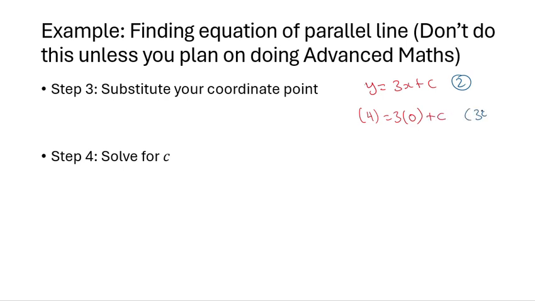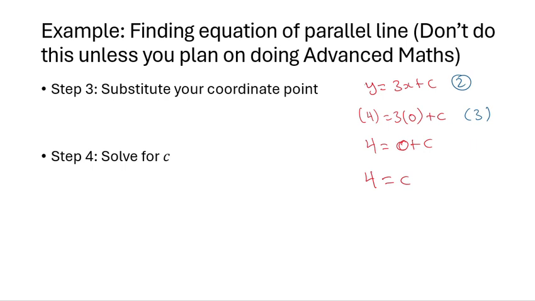And this here is step 3. Step 4, solve for c, okay? So when I solve for c, I end up with 4 equals 0 plus c, and then 4 equals c.